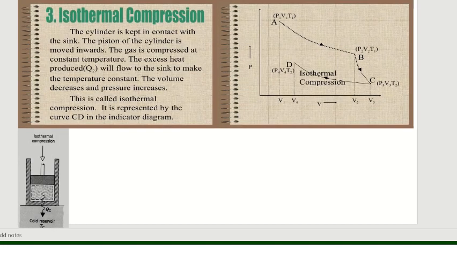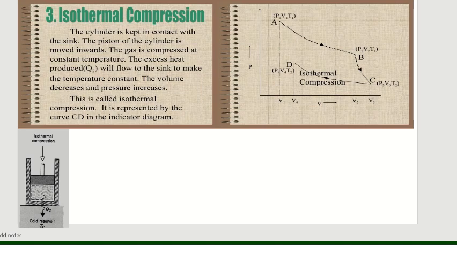Next is isothermal compression. This is the third step of a cyclic operation, or a series of processes. In the first step we placed the cylinder on a source. Next we placed it on an insulating stand.